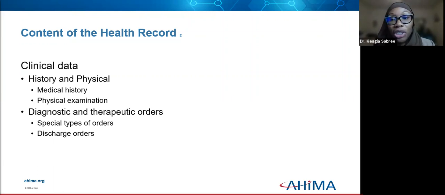So the CMS conditions of participation require that the history and physical exam be completed no more than 30 days before or 24 hours after admission, and the report must be placed on the record within 24 hours after admission.